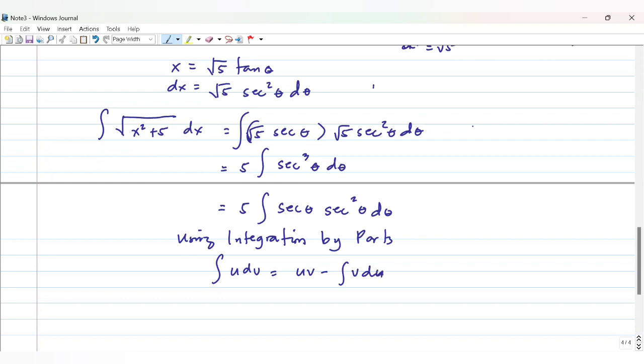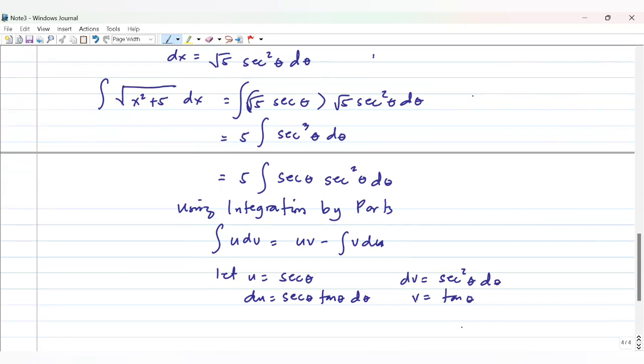Okay, so in here we let u is equal to secant theta. Of course, your du is what? That is secant theta tangent of theta d theta. Your dv therefore is equal to secant squared theta d theta. Then your v is equal to tangent of theta.